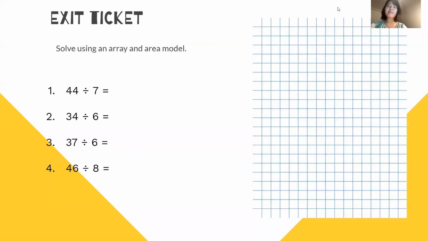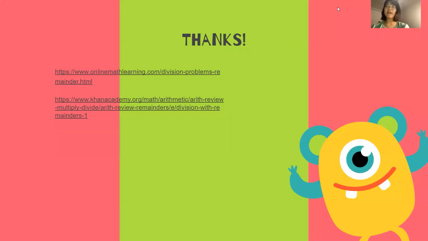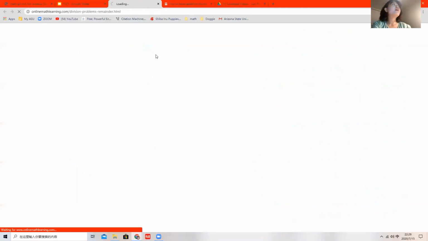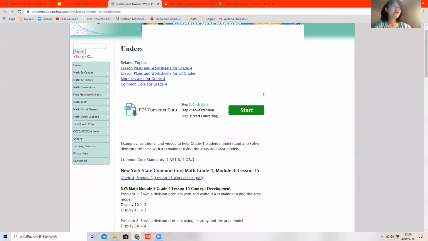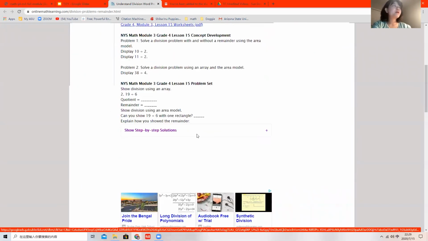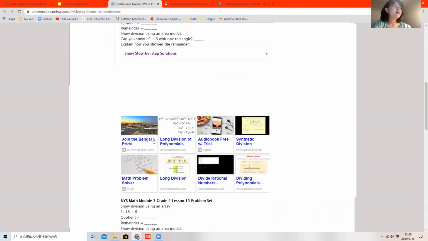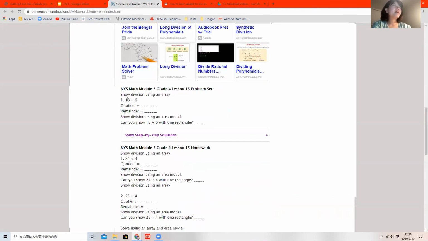Okay, and this is a really quick and simple lesson, and that's all for today. And here are some resources for you to practice at home. The first one is from onlinemathslearning.com. Right here, it will give you some questions, like this one, 18 divided by 6, and what is the quotient and what is the remainder.